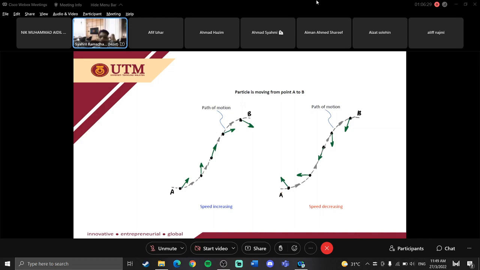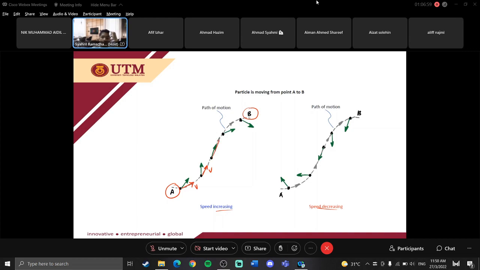Here is an example of the particle moving from point A to point B. You may notice that there is speed increasing and speed decreasing. V is always tangent to the curve.